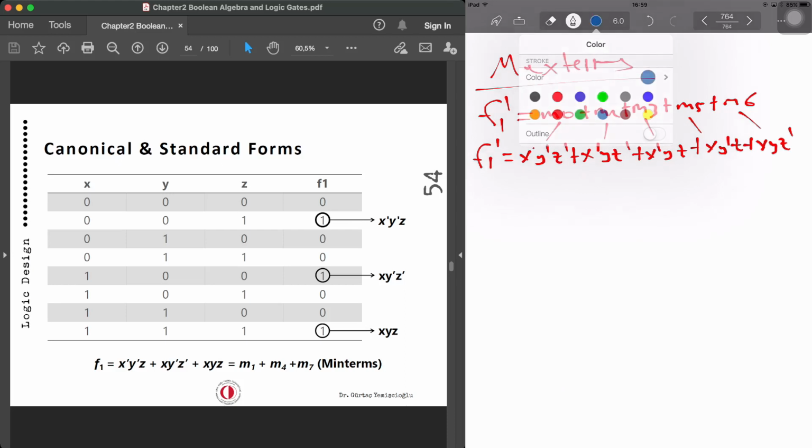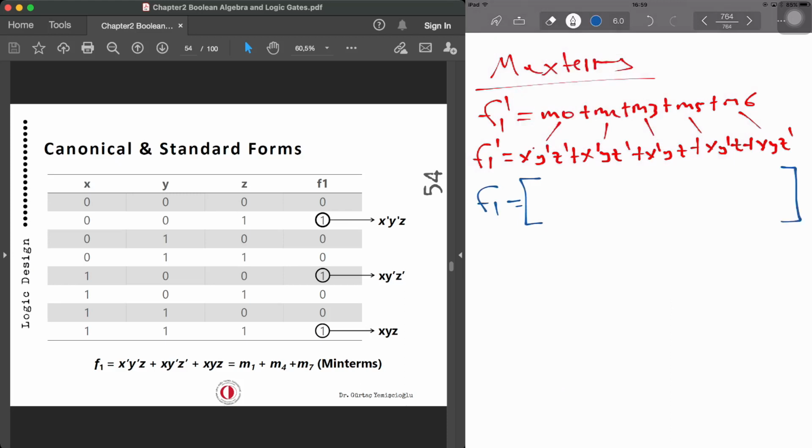So that means we need to have f1 as it is, and I'll take the complement of those expressions. So this is going to be x y prime z prime, or x prime y z prime, or x prime y z, or x y prime z, or x y z prime. Now, if you take the De Morgan of that, that means we have to take the complement of each operation and each variable.